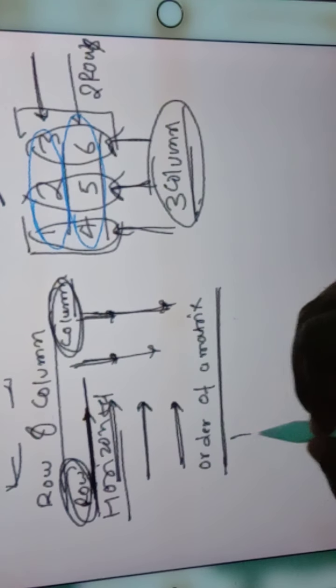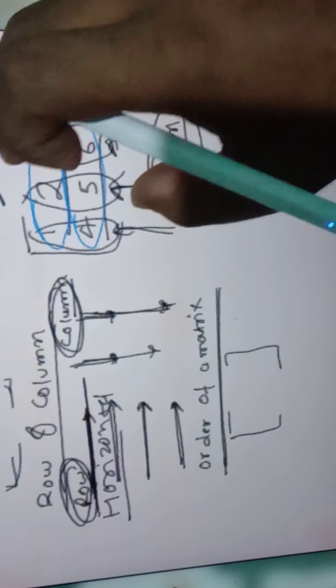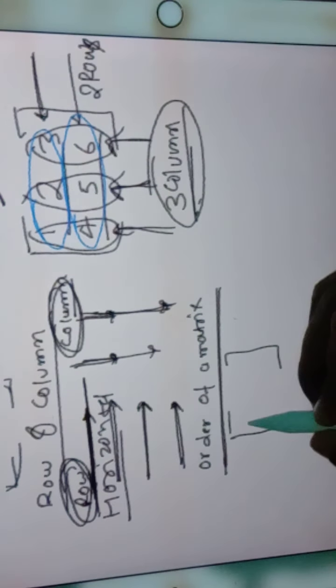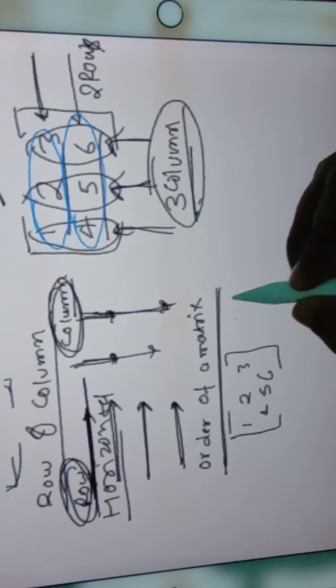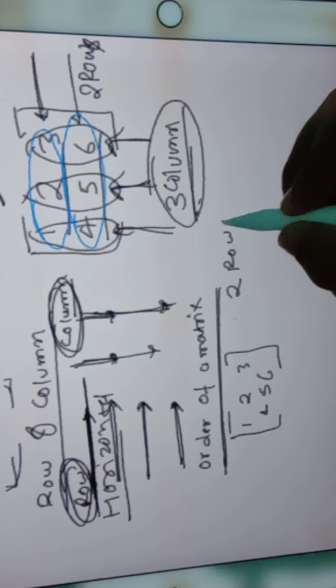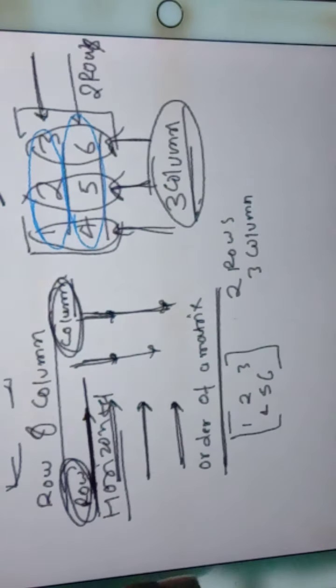Taking this matrix only here, 1 2 3 4 5 6, here 2 rows and 3 columns. In subscript form we write here 2 by 3.